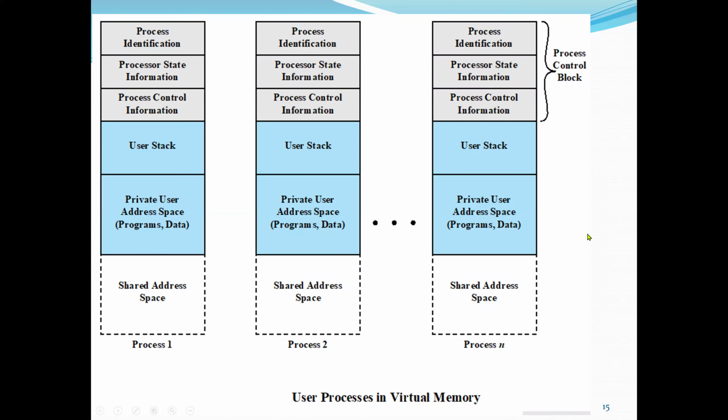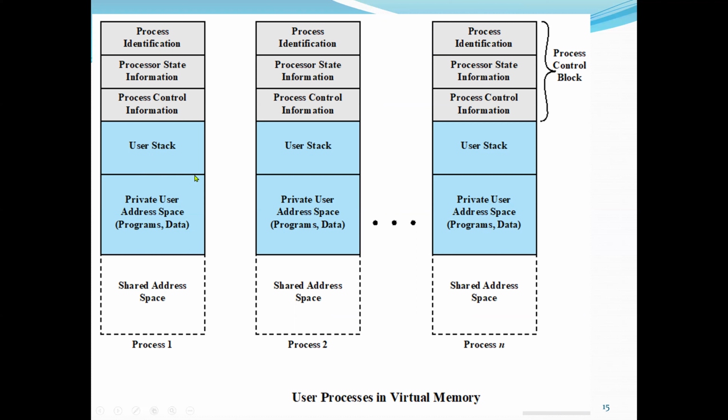The next diagram shows the structure of a process image in virtual memory. We can see process 1, process 2, etc. up to process N. Each process image consists of a process control block, the user stack, the private address space of the process, and also other address space that the process shares with other processes.